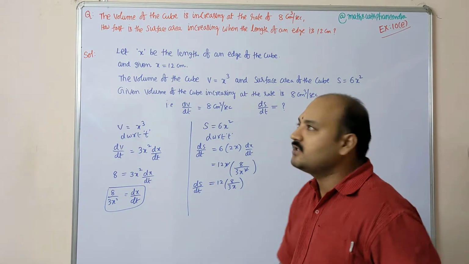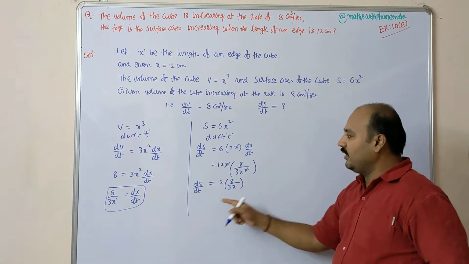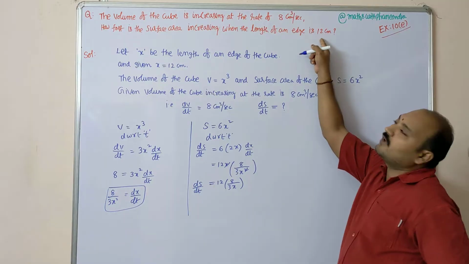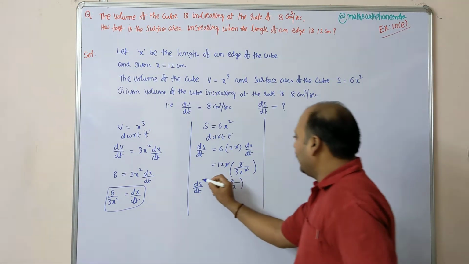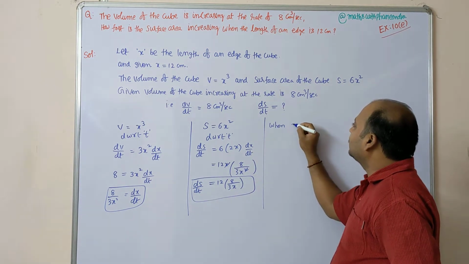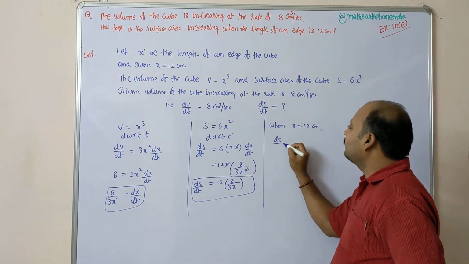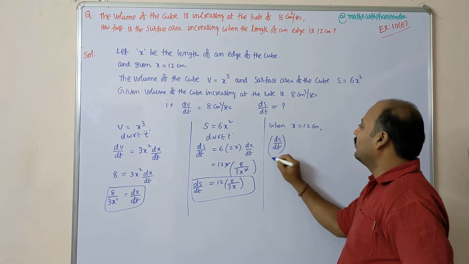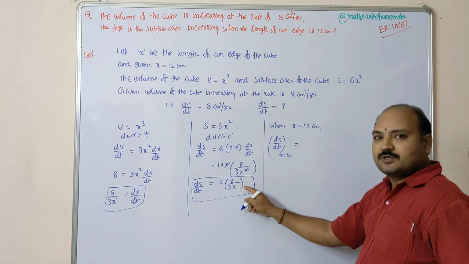So the rate of change of surface area of the cube is ds by dt equal to this value. But at what place are they asking? When x is equal to 12 centimeters. After getting this result, when x is equal to 12 centimeters, ds by dt, in place of x substitute 12.